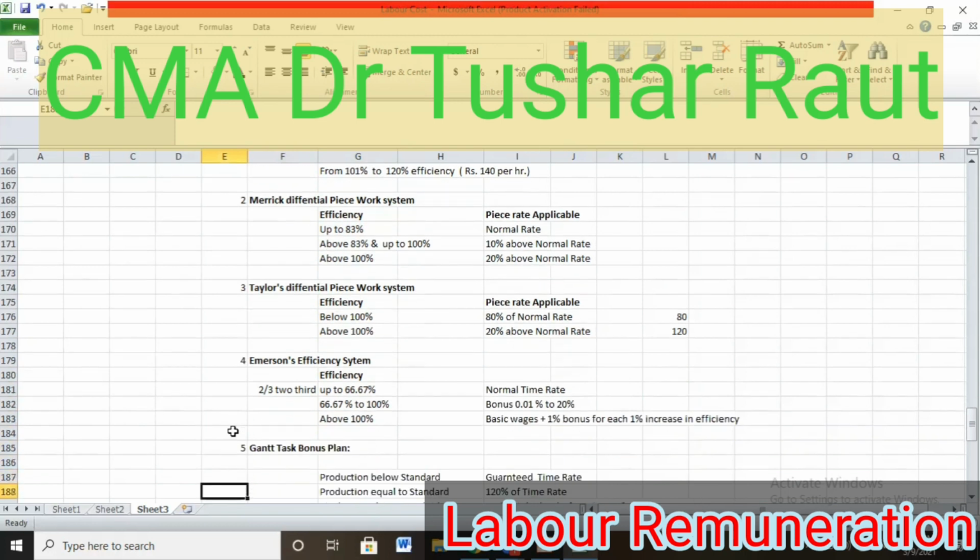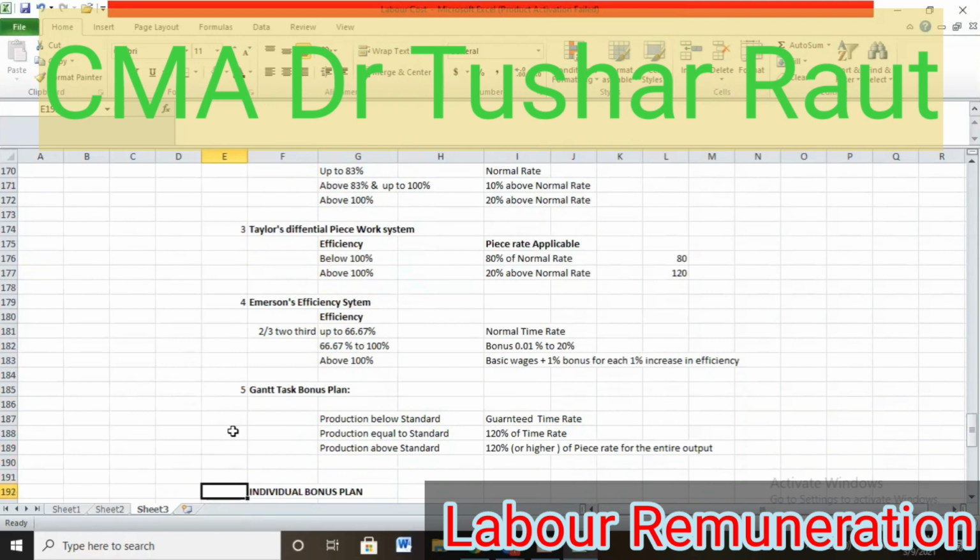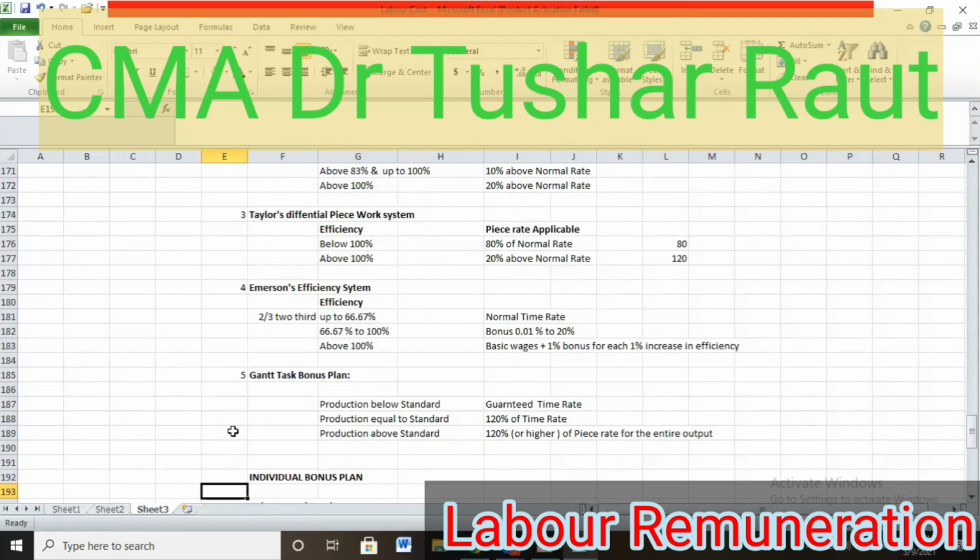Then the Emerson system, the Emerson plan, is 2/3, or we can say 66.67%. He will give you the normal time rate, and from 66.67% to 100%, he used to provide a bonus of 0.01% up to 20%.